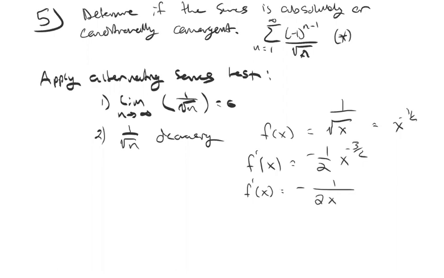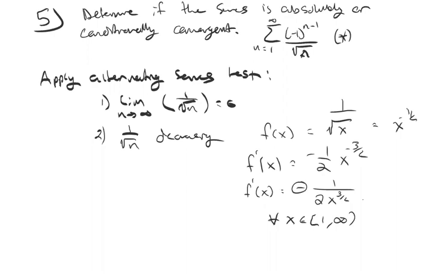I'm honestly just going to leave it as 3/2. It's not necessary to convert back to the radical form because the next step is just going to clear this up. For all x values in the interval 1 to infinity, if we take the square root of whatever, that's going to be positive. And then if we cube it, that's also going to be positive. So we conclude that the denominator is always going to be positive.